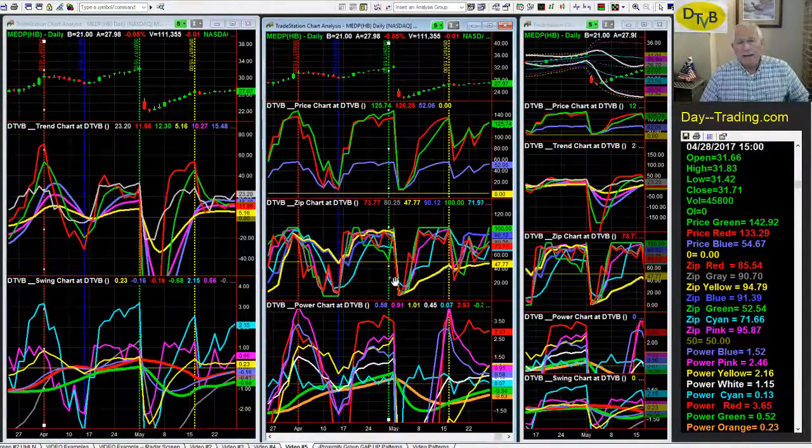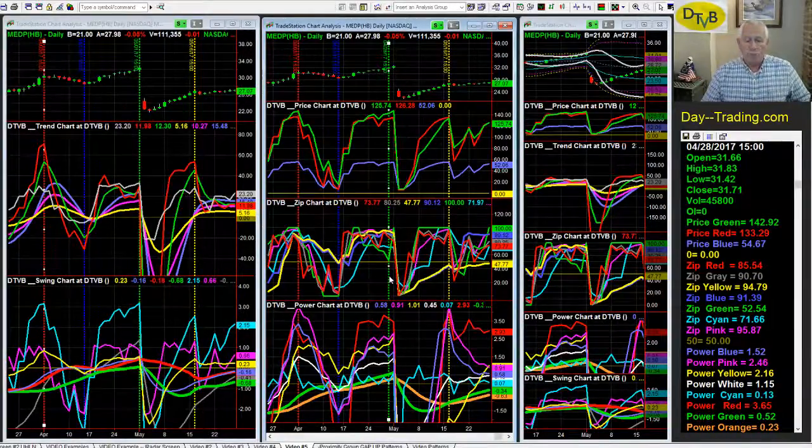We actually have two movements simultaneously taking place here. A bottlenose down is a reversal pattern going up, and a zip green down touch of the 50 is a reversal pattern bouncing back up.